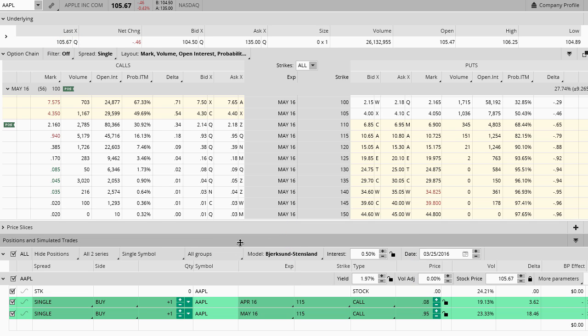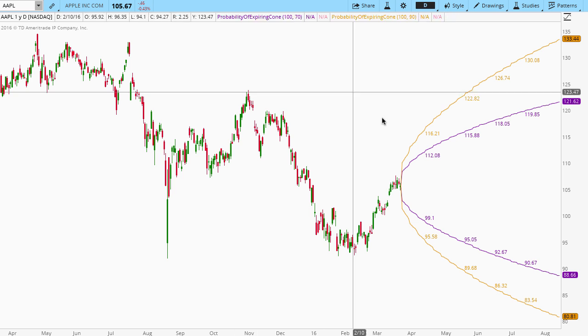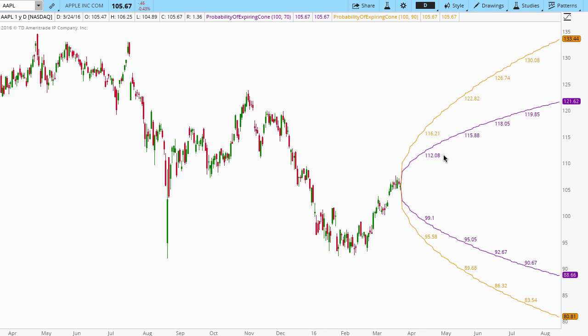So yes, it's a cheap bet, but you've got a very low likelihood of it happening. In fact, at April expiration, which is these numbers right here, inside of this purple line, there's only a 70% chance that the stock ends between 112 and 99.